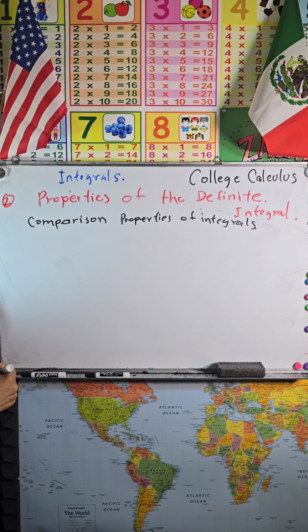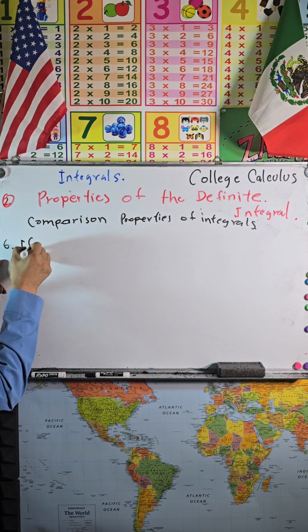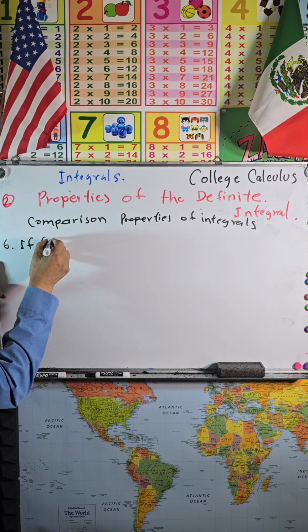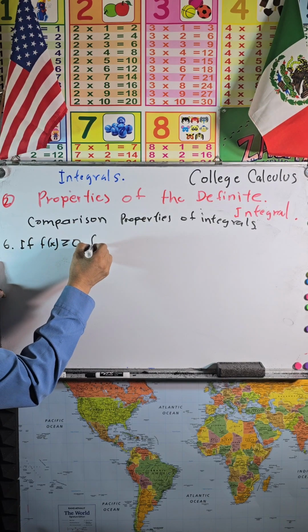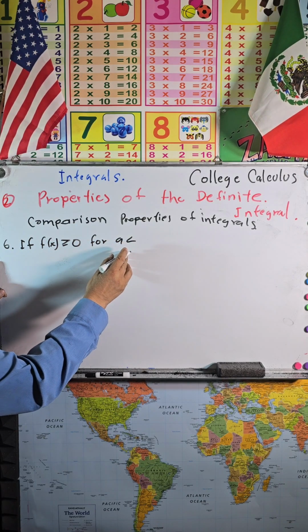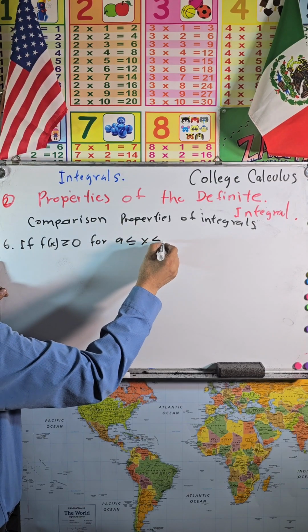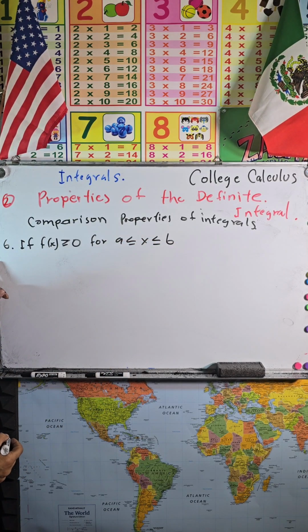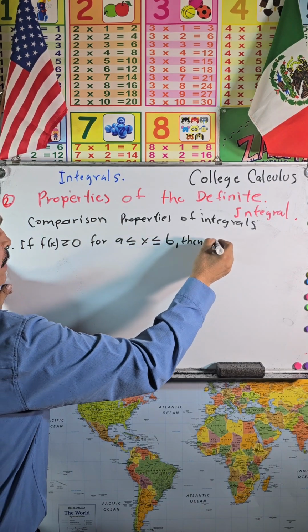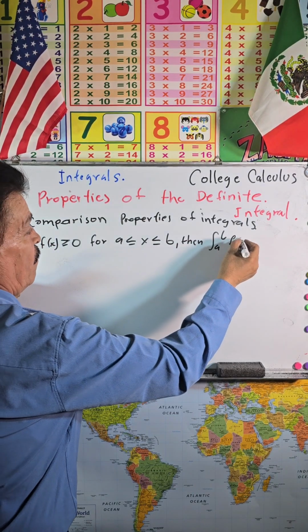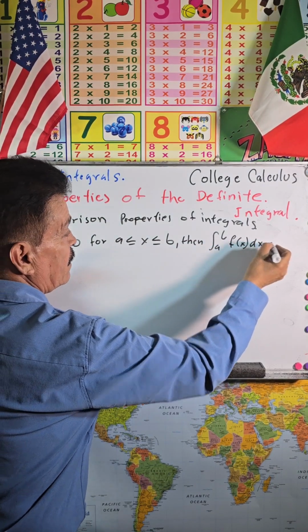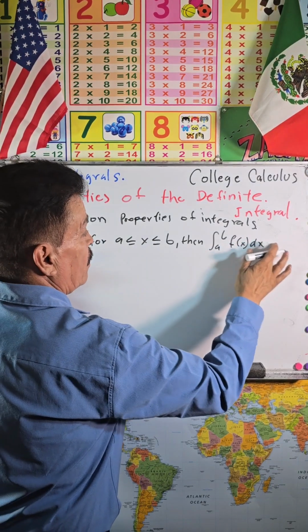So number 6. Let's write number 6. We stopped at number 5. So number 6, if f of x is greater or equal than 0, now we're comparing, for a less or equal than x, less or equal than b, then the integral from a to b of f of x differential x is greater or equal than 0.